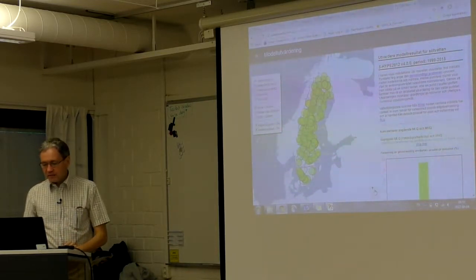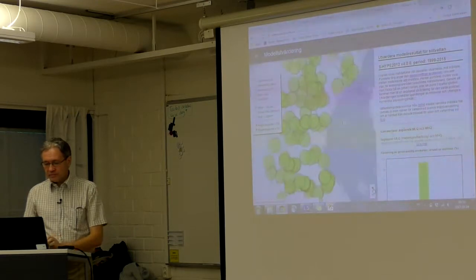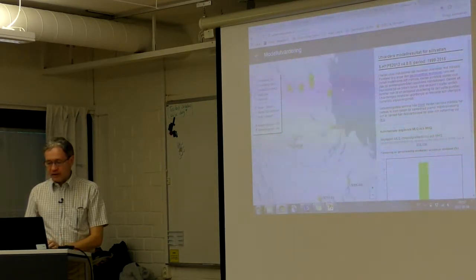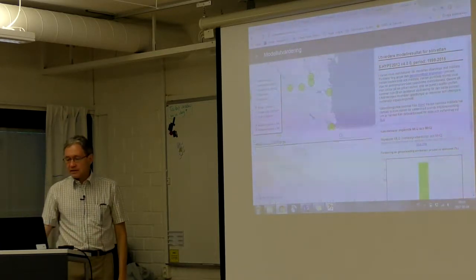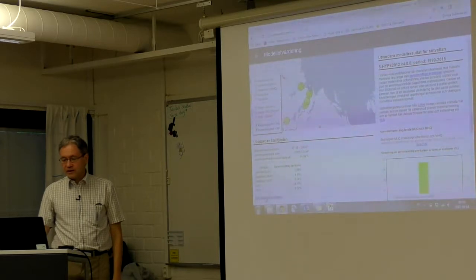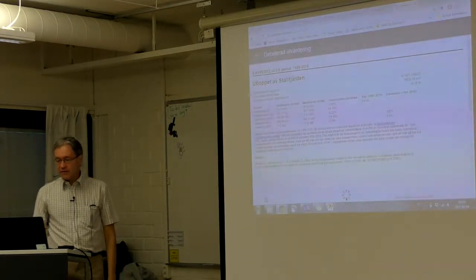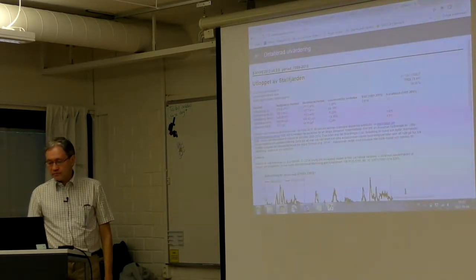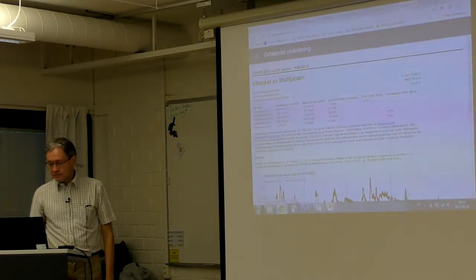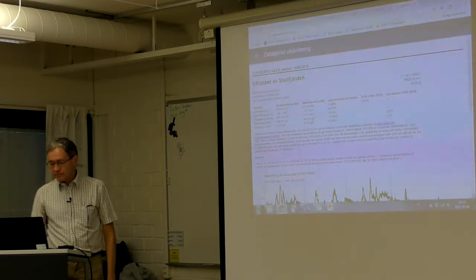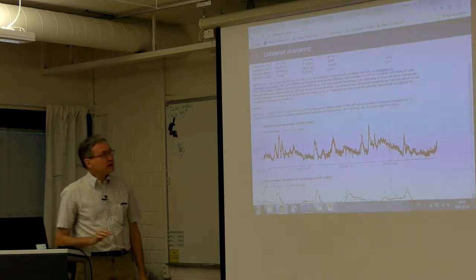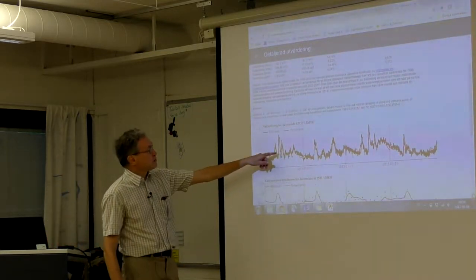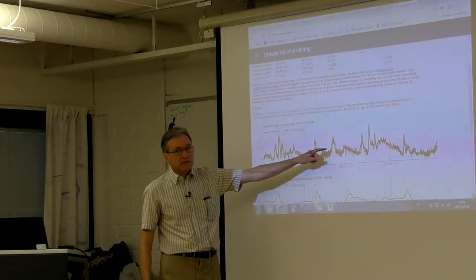We can look at Dalälven once again. If you click one of these here, you can get a detailed evaluation of the model, a plot here, to see how the model performs when it comes to discharge as a time series.